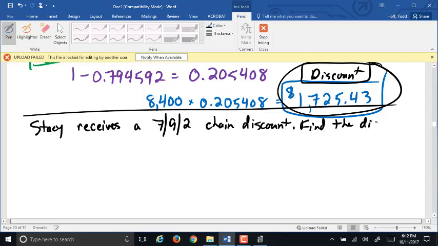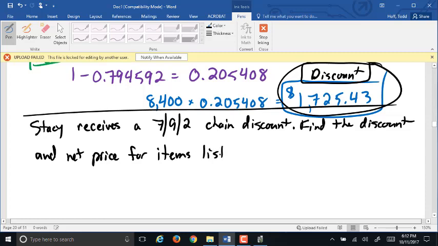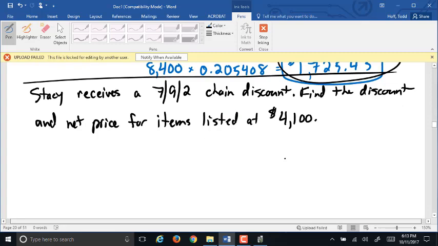Find the discount and net price for items listed at $4,100. I'm going to give you guys a few minutes to try that out on your own, and then we're going to come back and discuss it.